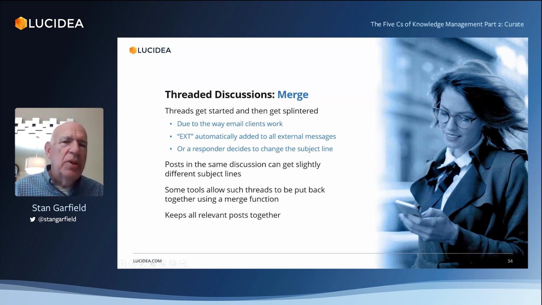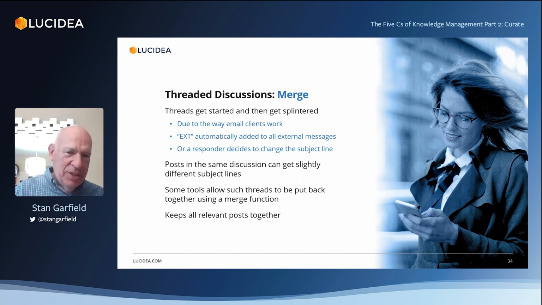Now there's another function, which is merging threads that get started and that get splintered. So often in the community, people will start up a thread, someone else will respond, but maybe use a different title, or they'll start up a new one, but it's really on the same one that was already going. There may be a variety of reasons. Sometimes mail systems will automatically add certain phrases like "ext" for an external message, and that changes the title so it doesn't get grouped together where it should be.